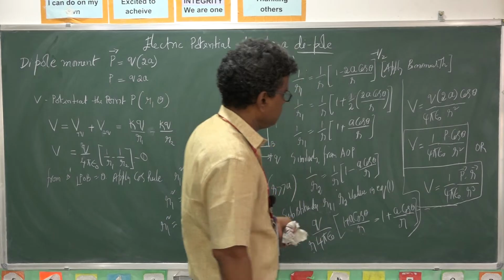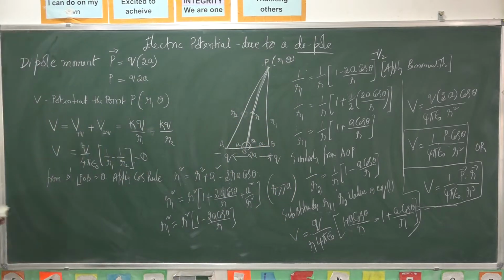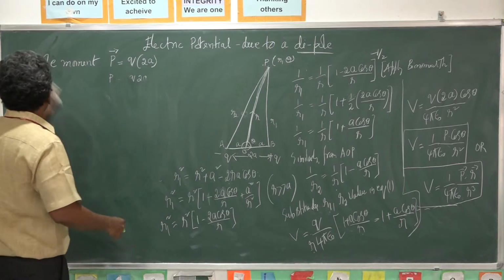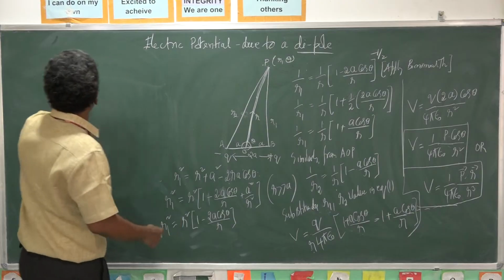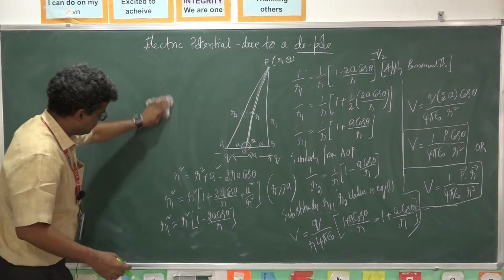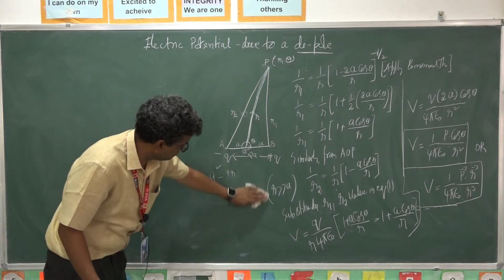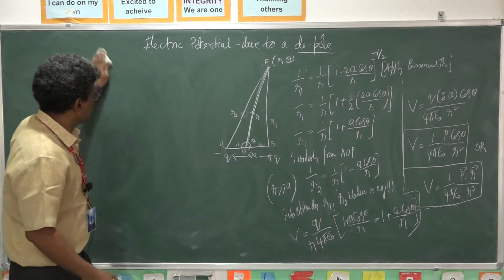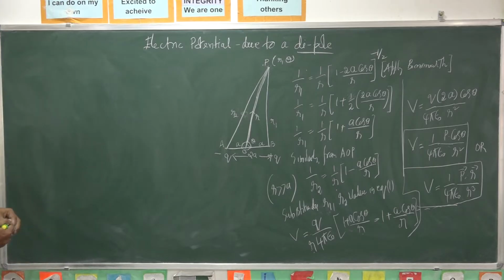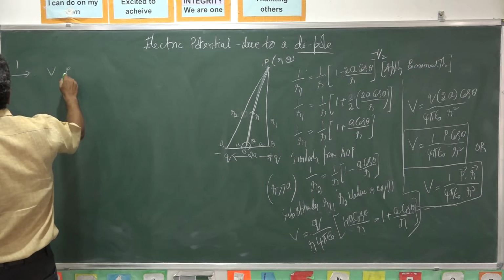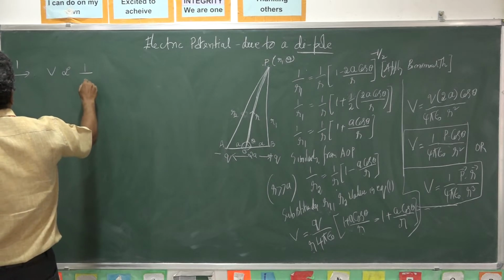From this, what are the points we can conclude? The first point: the electric potential due to a dipole is inversely proportional to R square.